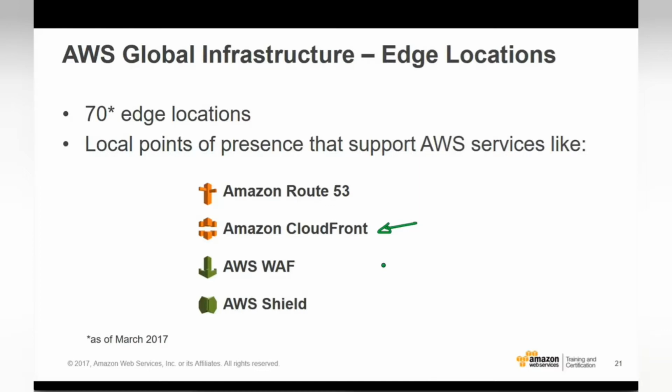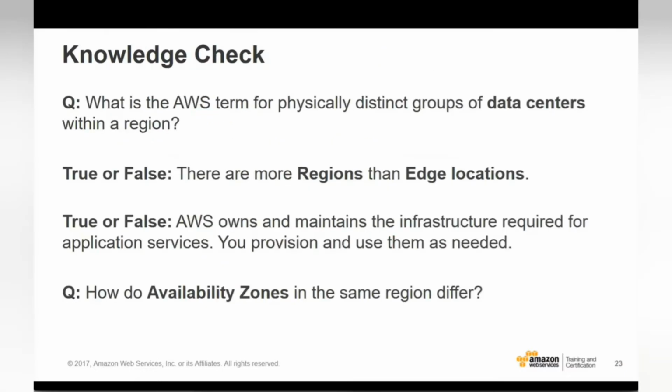Okay, that's what CloudFront's all about. But it's not just CloudFront. There are some other services surrounding these edge locations, one of which is DNS resolution, Route 53, Web Application Firewall, and Shield. I'm going to talk more about these a little later on, so I'll save that for later.